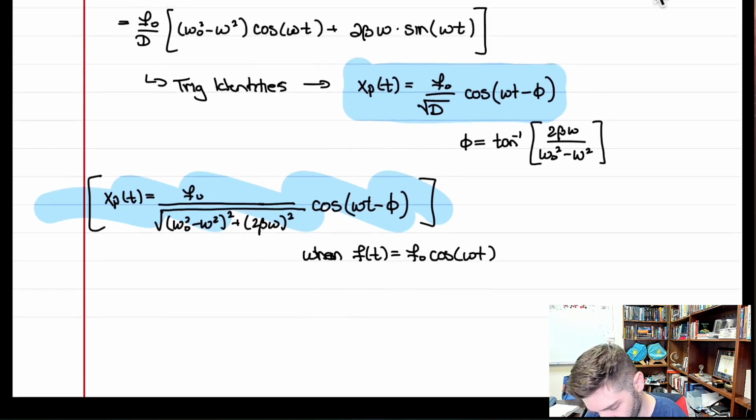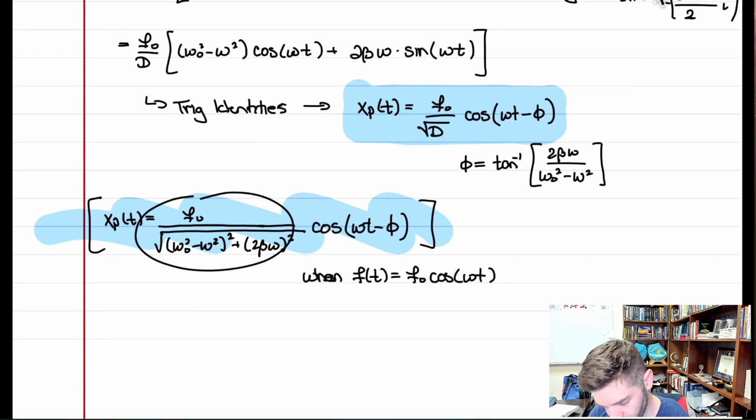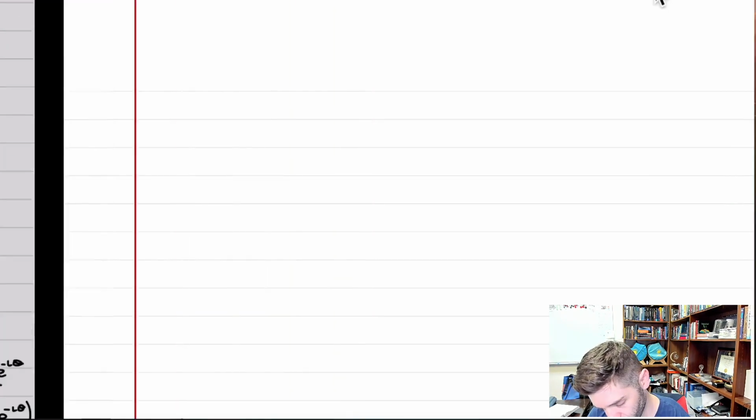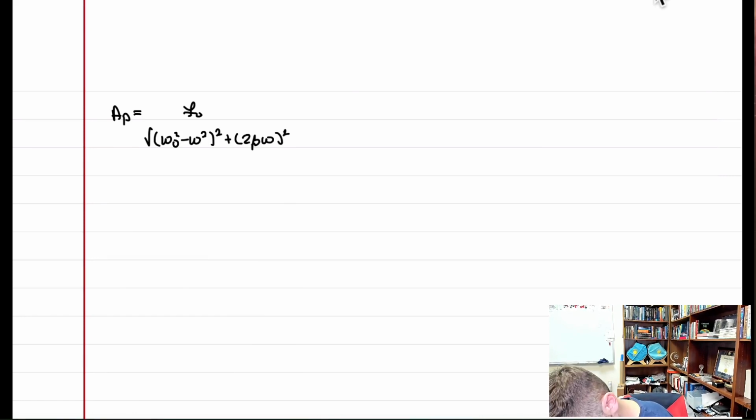The last thing I'll add here, and then I'll show some simulation examples, is let's look at this overall amplitude again real quick. So this particular solution amplitude we said was f naught, and then it's all divided by the square root of omega naught squared minus omega squared, all squared, plus 2 beta omega squared, all in the denominator.